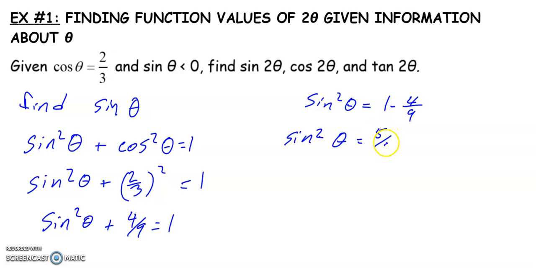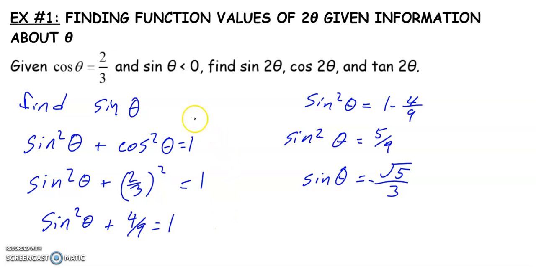That's going to be 5/9. Square root both sides. So the sine of theta is going to be the square root of 5 over 3. Now we want sine to be less than 0, which means we need to make that negative, because sine is less than 0.